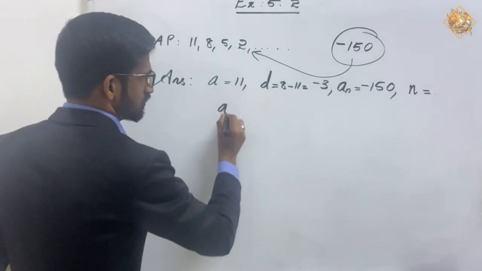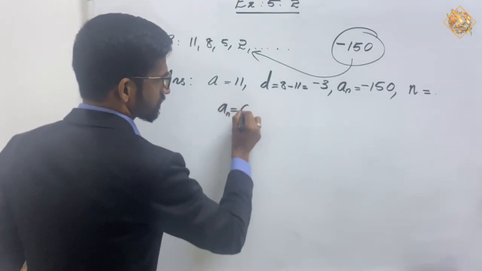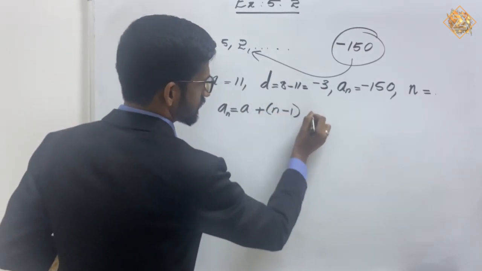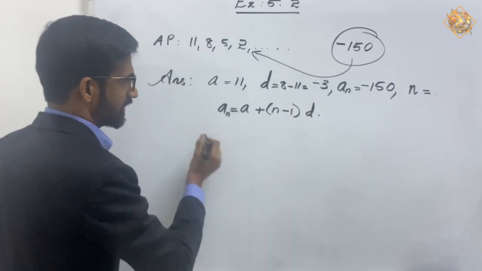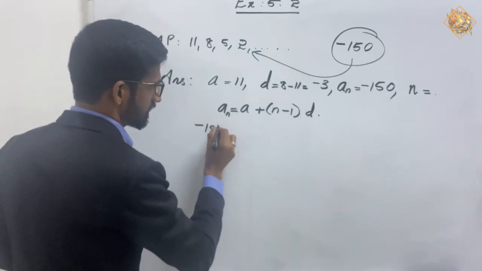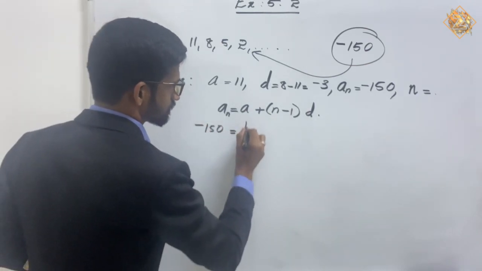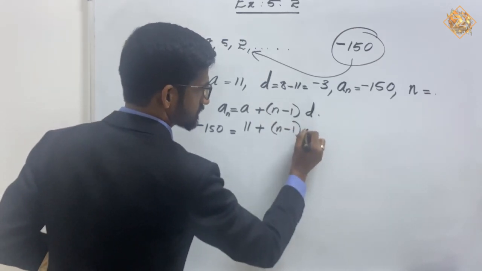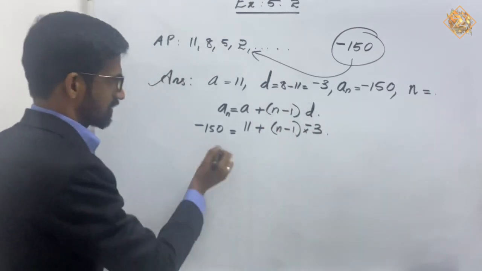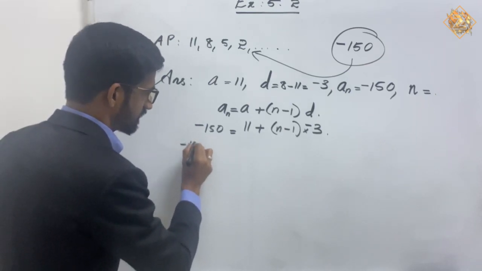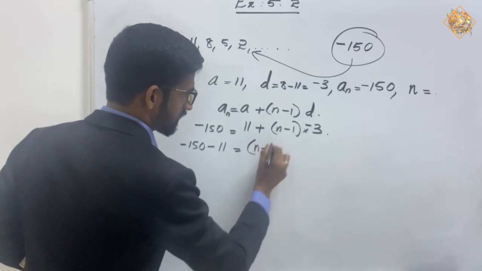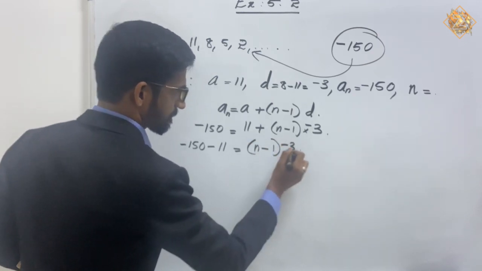Now substituting these values, AN equal to A plus N minus 1 into D. AN, which is minus 150, equal to A which is 11, D is minus 3. So that is minus 150 minus 11 equal to N minus 1 into minus 3.